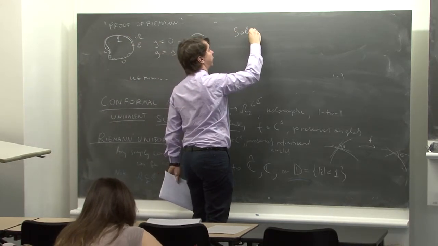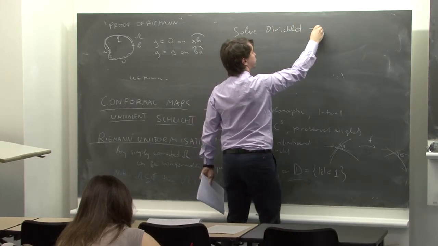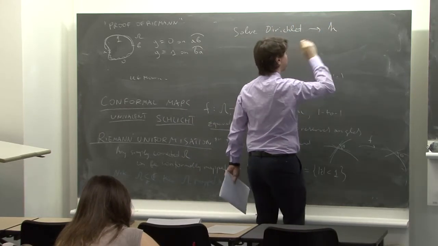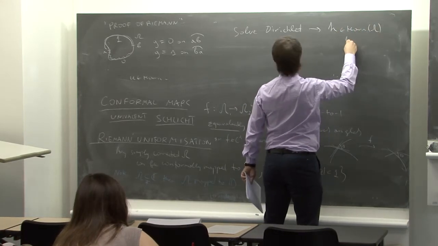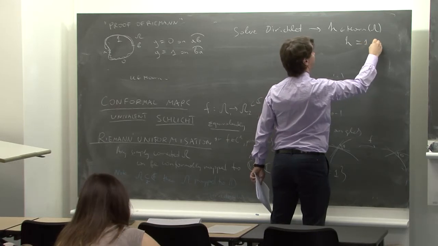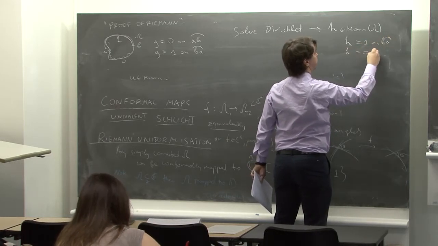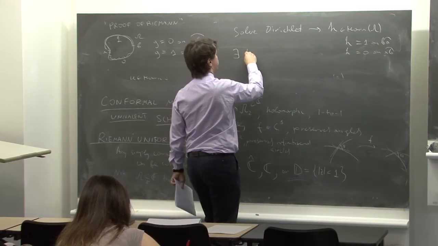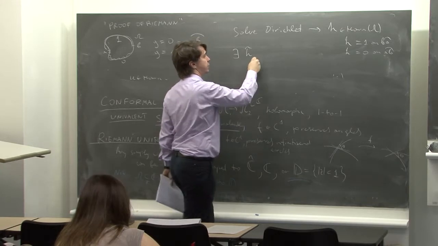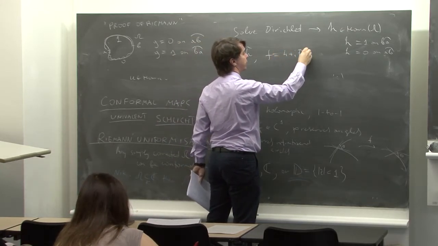So solve Dirichlet. We get a function h, which is harmonic in omega. h is equal to 1 on BA, h is equal to 0 on AB. Now, there is a harmonic conjugate. There is h tilde, so that f equal to h plus i h tilde is holomorphic.